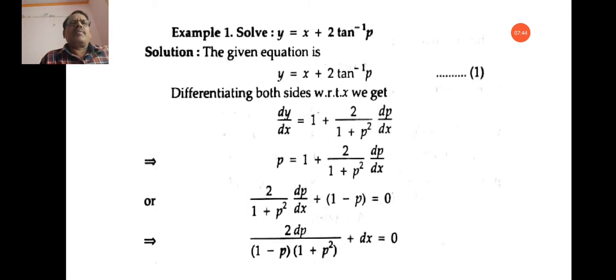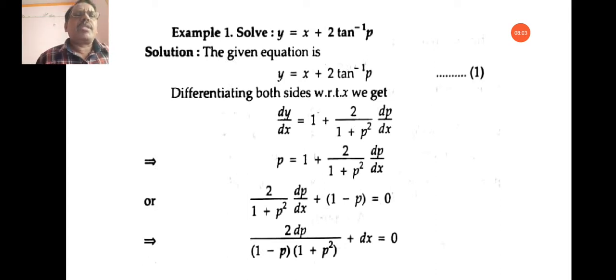So this is the simplification part. 2 by 1 plus p square into dp by dx plus 1 minus p is equal to 0. Or this is 2 into dp by 1 minus p into 1 plus p square plus dx equal to 0.